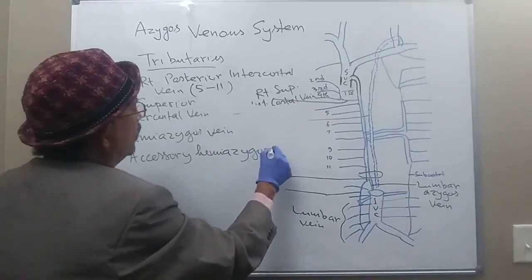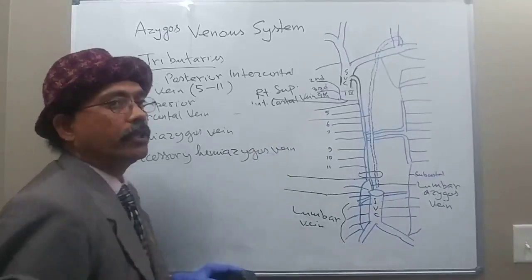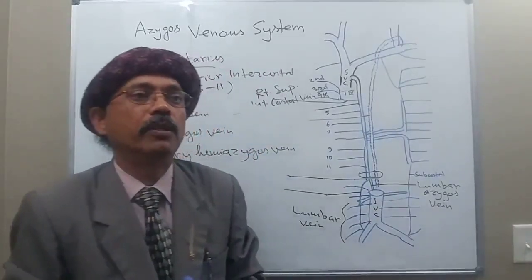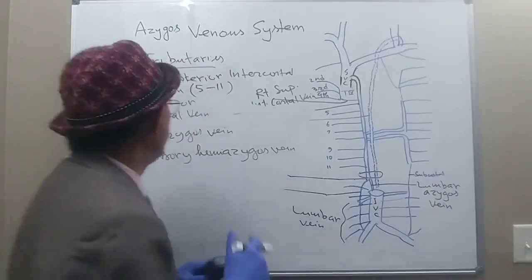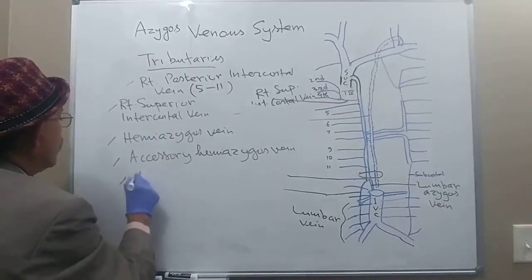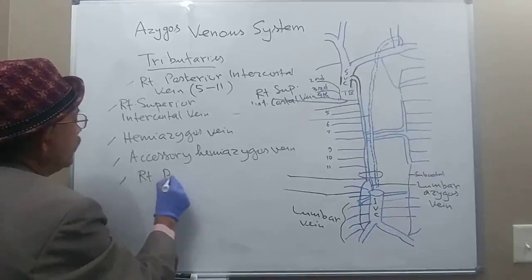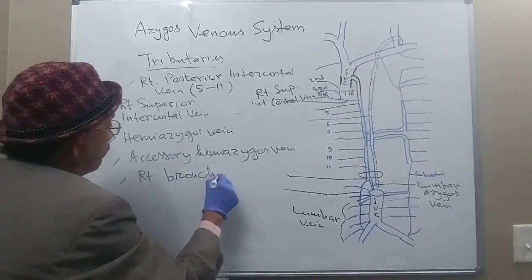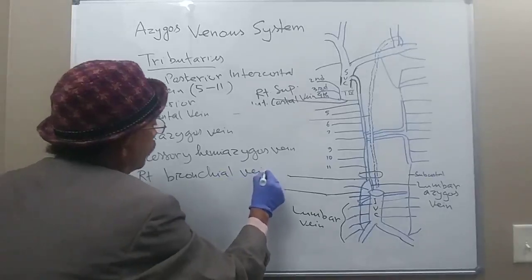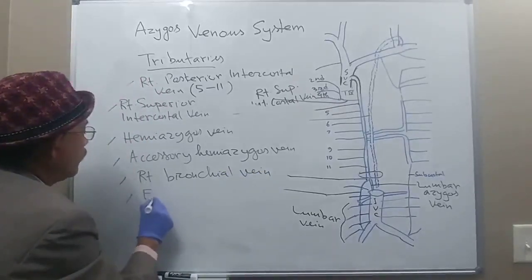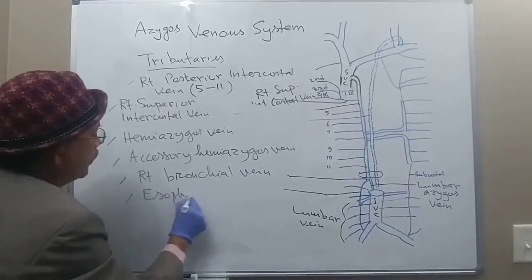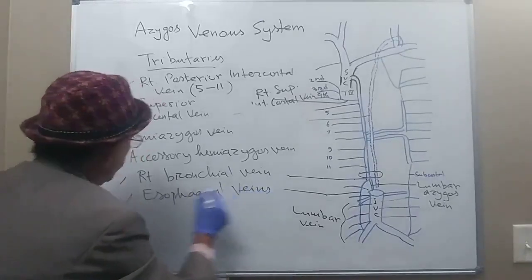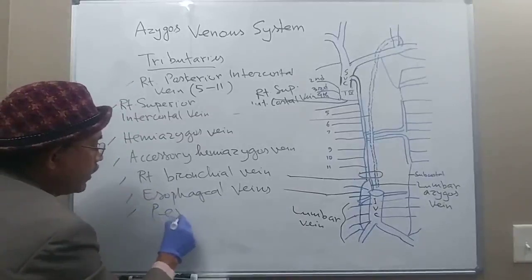The hemiazygos vein is a tributary of the azygos vein. Other tributaries are the right bronchial vein, esophageal veins, and pericardial veins.